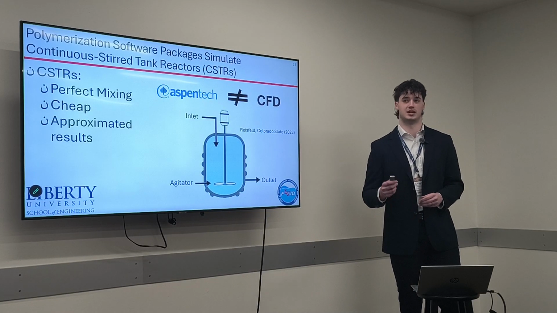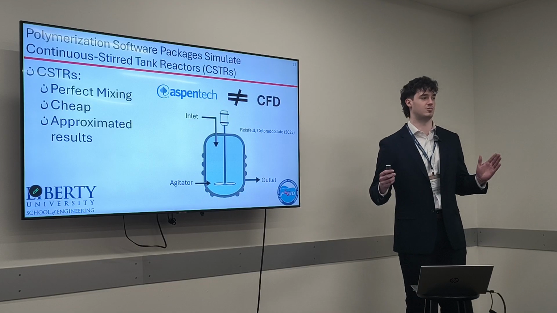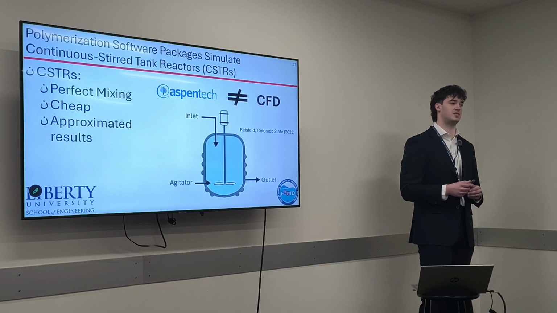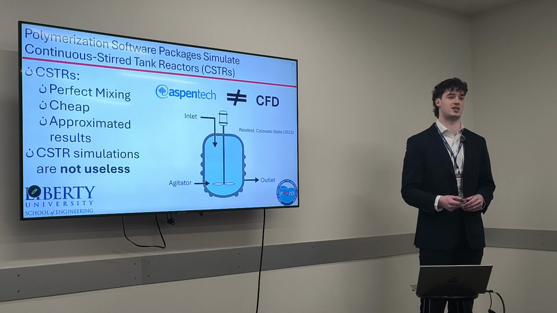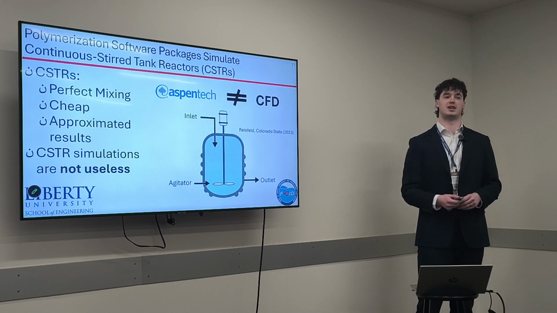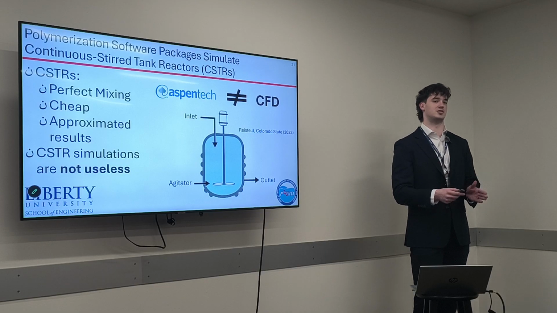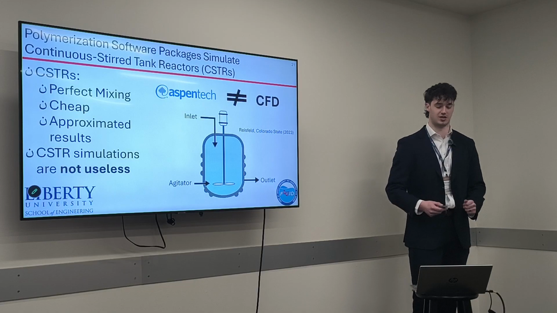They're cheap, but they provide those approximated results, which is all well and good. But if you want to look at any sort of spatiotemporal gradients within the flow, that is where CFD is needed. So these CSTRs are not inherently useless because they can be used as sort of a proof of concept in CFD as you're developing kinetics and developing a project before moving into a larger reaction.